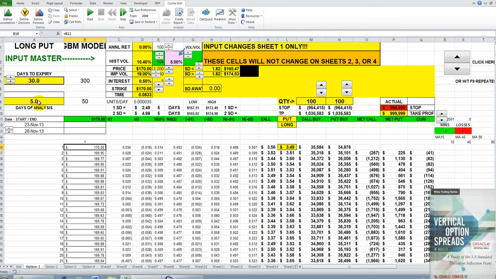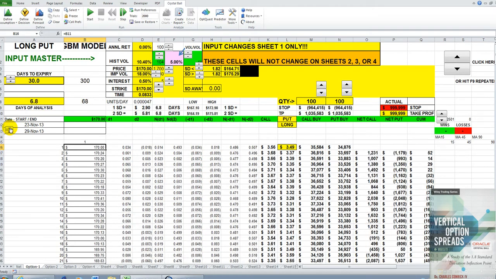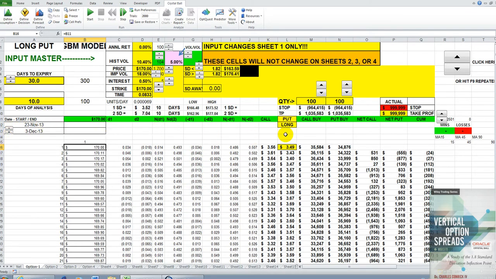Now, what I did not explain to you in lesson 1, and we'll say it now, is that the spreadsheet, if we're looking at an X amount of days of analysis, let's say 5 days, or if we bumped it up to 10 days, as an example, you'll notice the option put stayed the same price.